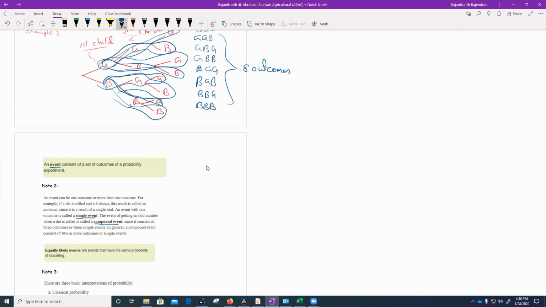Well, there are 3 possibilities now. You may get 1, 3, and 5, right? In that type of scenario, you have more than one outcome, so it is called a compound event. In simple events, you have only one outcome. In compound events, you have more than one outcome.